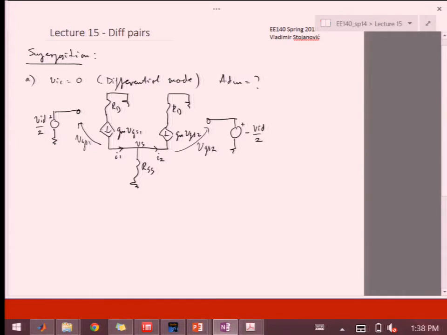If you take a look at this situation over here, I can start solving this in terms of nodal analysis, and pretty soon I'll be able to come up with some answer. But I think it's worthwhile analyzing this circuit because of the symmetry. You have a perfectly symmetric left and right side, and you have an anti-symmetric input.